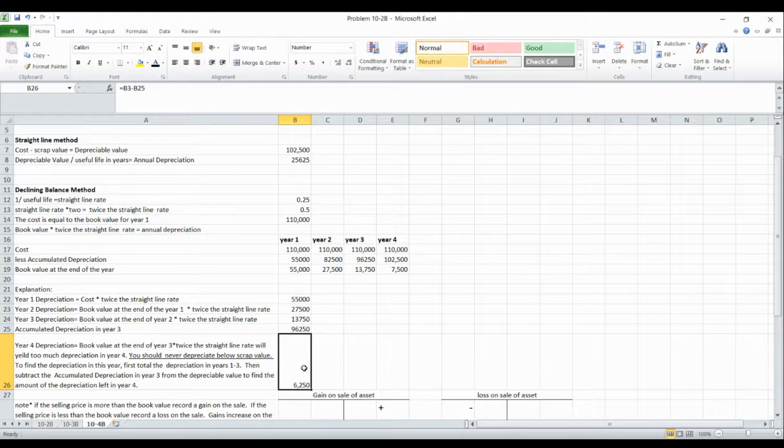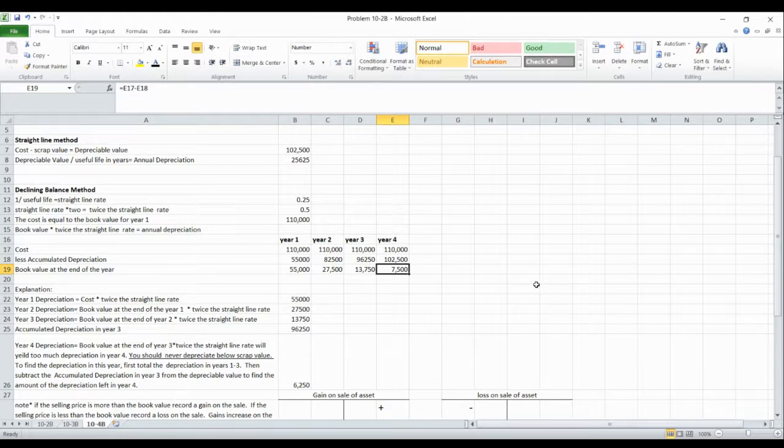The depreciation expense in the last year would be added to the previous accumulated depreciation to get the total accumulated depreciation in year four. The total accumulated depreciation would be subtracted from cost to get the book value of $7,500.